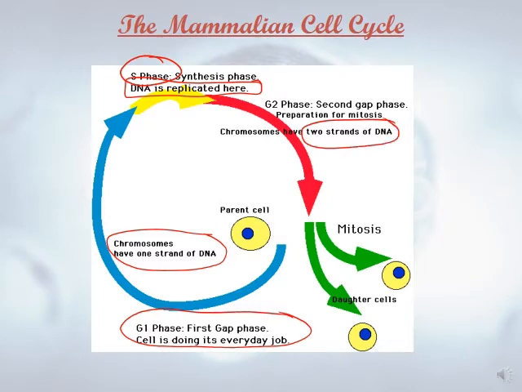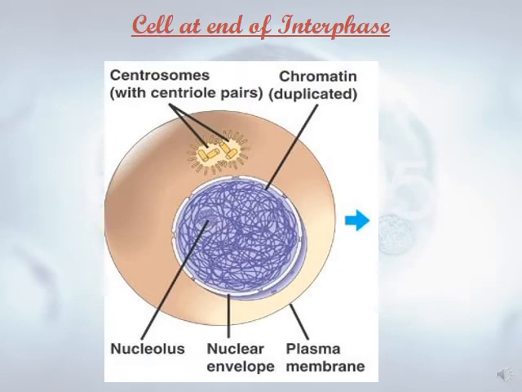So this means we have duplication of DNA in the S phase. And then we move to mitosis: prophase, metaphase, anaphase, and telophase, which includes cytokinesis, where we have two daughter cells, and these daughter cells are identical to the parent cell, or the mother cell.